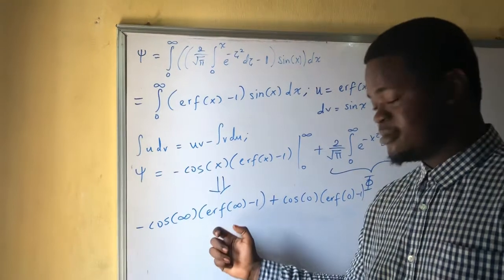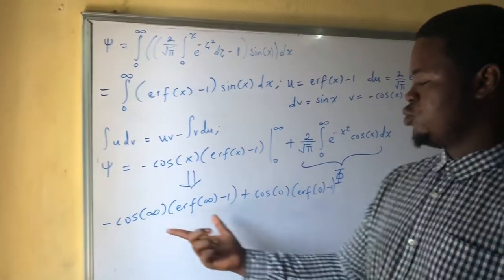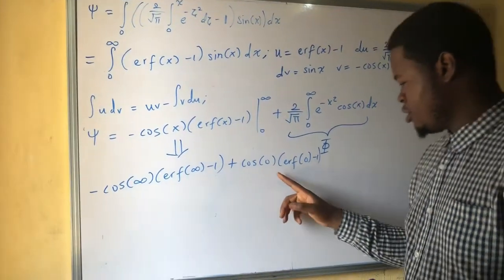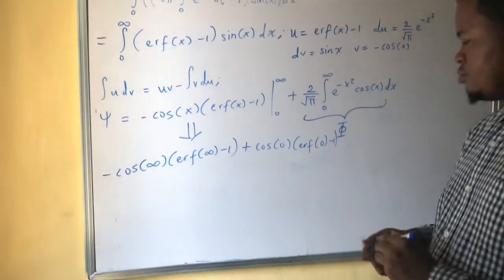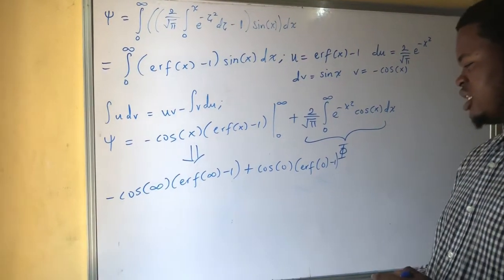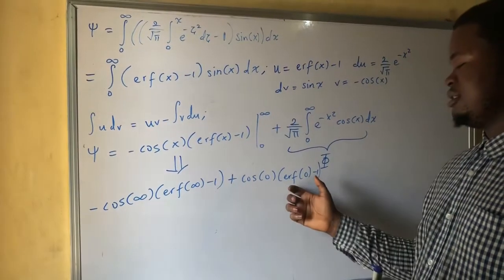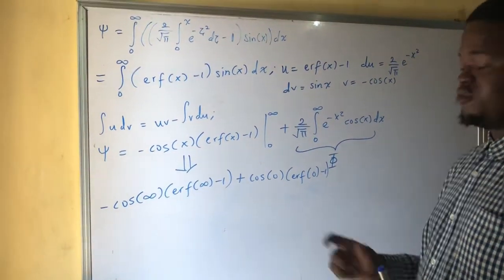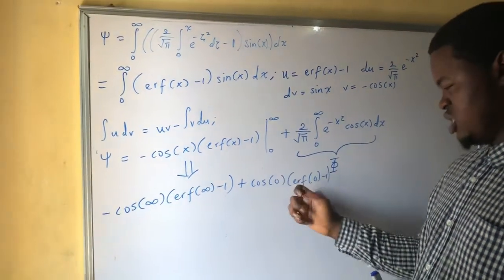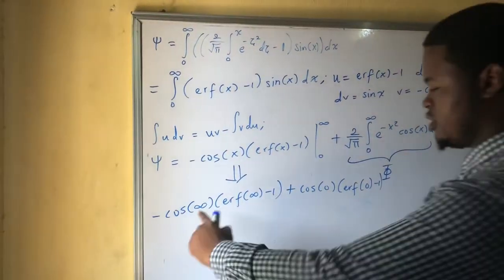But 0 times infinity is what we call an indeterminate form. So we'd have to use limits to prove this. Now, cos 0 is 1. The error function evaluated at 0 is 0. So this is going to give us 0 minus 1, which is minus 1. So we would have 1 times minus 1, which is minus 1. Oh, so sorry. So this should give us 0.